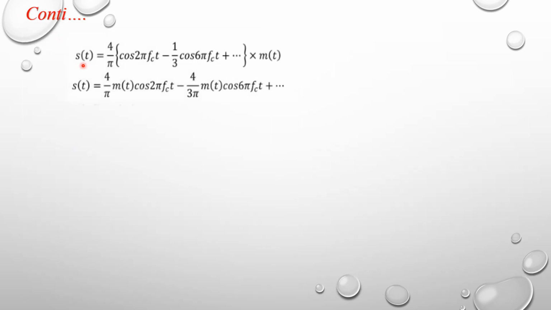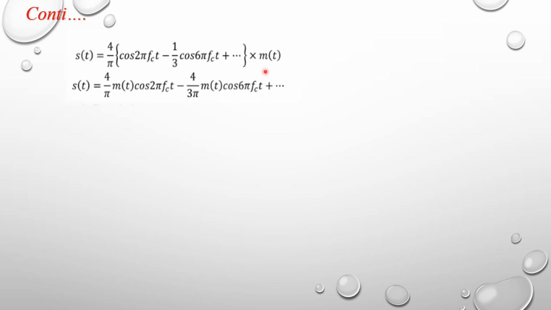s(t) is equal to 4 divided by pi into cos 2 pi fc t minus 1 by 3 cos 6 pi fc t; this is the carrier signal c(t), multiplied by the message signal m(t). m(t) is common to the first term and the second term.